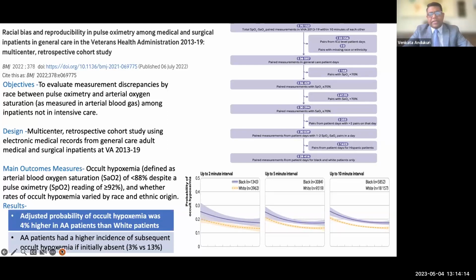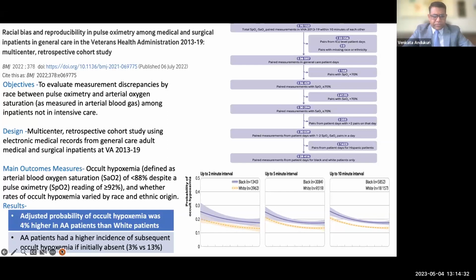If you look at the study, this is a large study with lots of patients, but when we got down to the paired measurements between patient days for Black and white patients only, it was about 28,000 patients that were compared, as you see on the right.